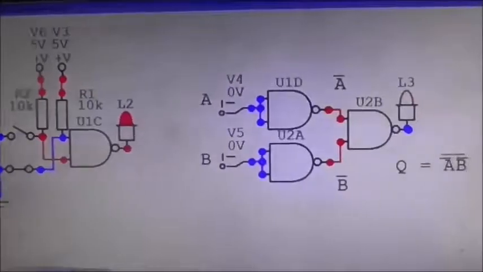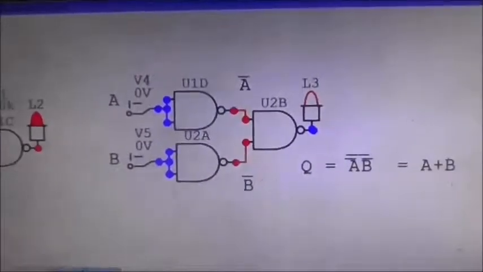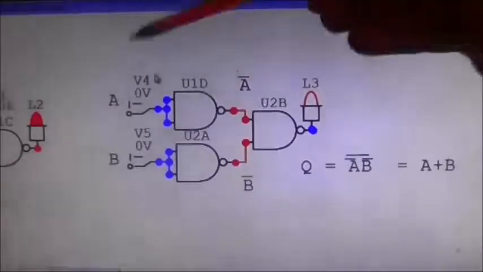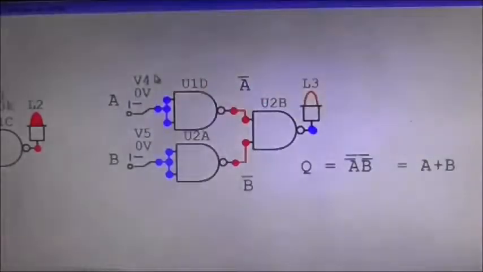Moving on a little bit, we now have a proper OR gate with logic levels, and if either logic level goes high or both logic levels go high, then so does the output.